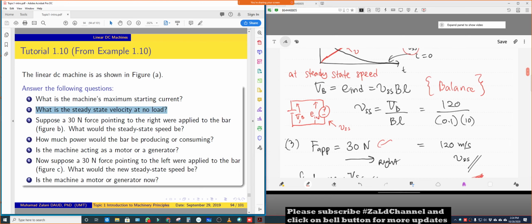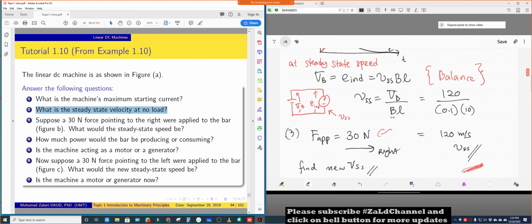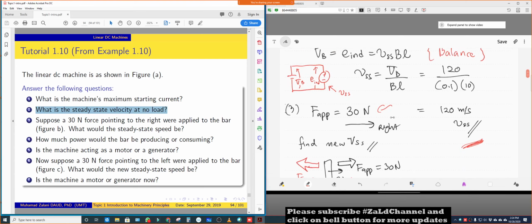VB equals the induced voltage equals VSS BL. Okay. So further rearranging this equation, we can get the VSS by using VB divided by BL. So finally, in this case, we get the steady state velocity, which is 120 meters per second.